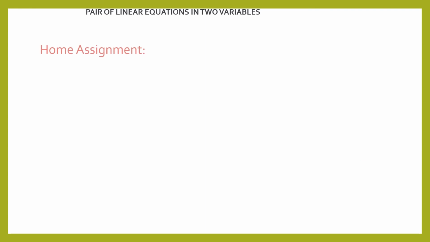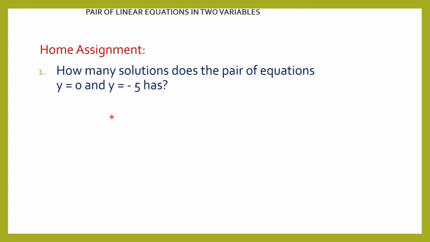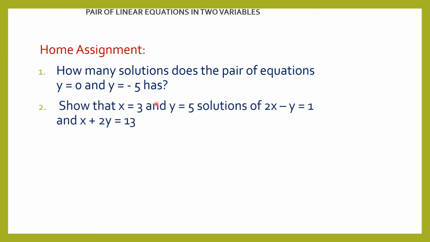Now next, home assignment. I give three questions. First one: how many solutions does the pair of equations y equals 0 and y equals -5 have? Second one: show that x equals 3 and y equals 5 are solutions of 2x minus y equals 1 and x plus 2y equals 13. I already explained one such question: substitute x equals 3 and y equals 5 in the given equations.